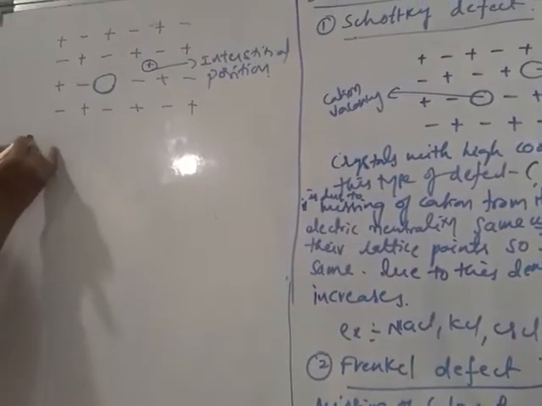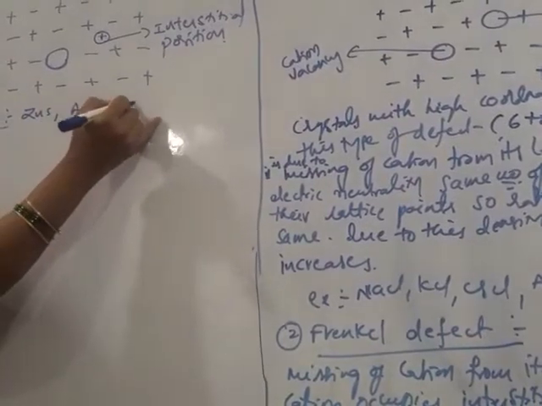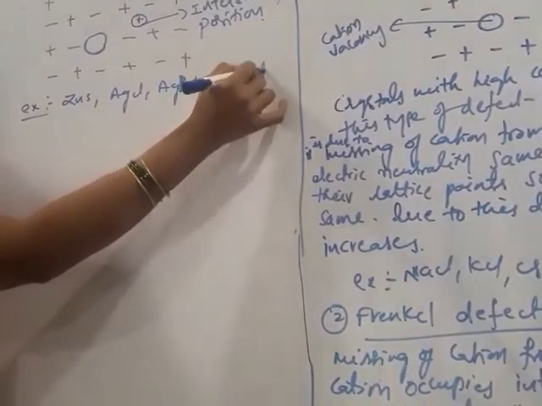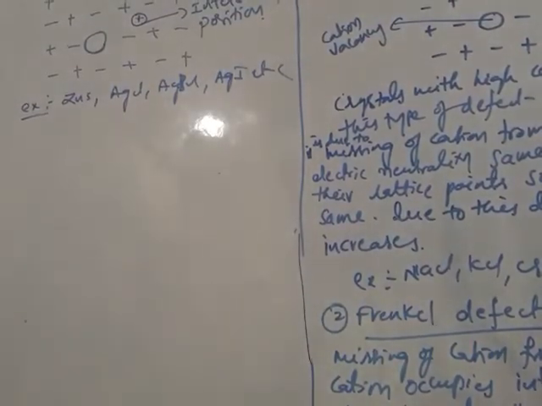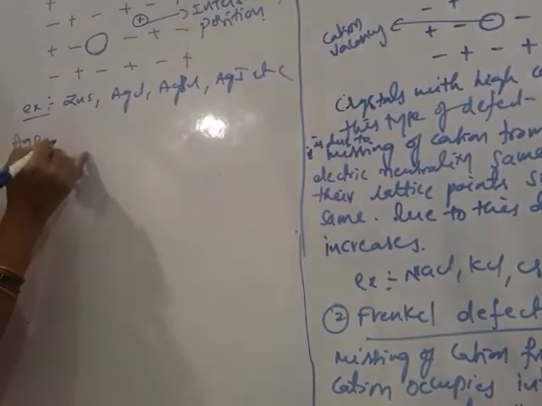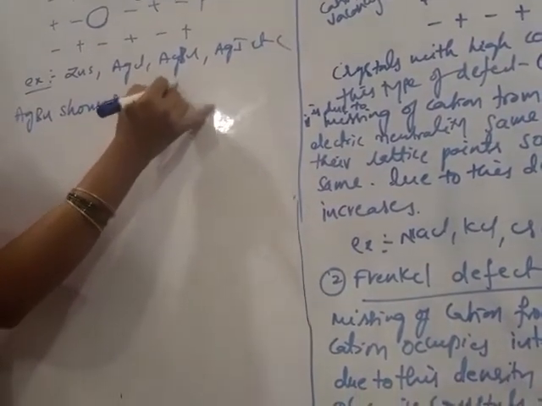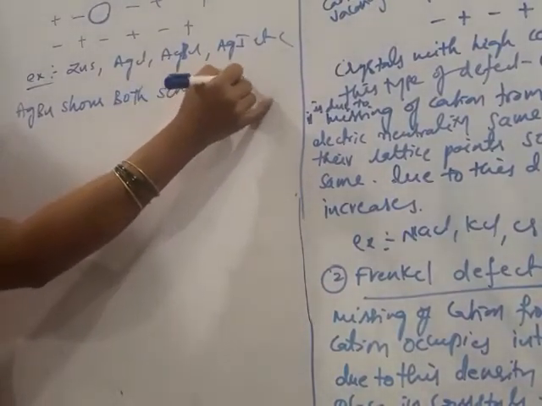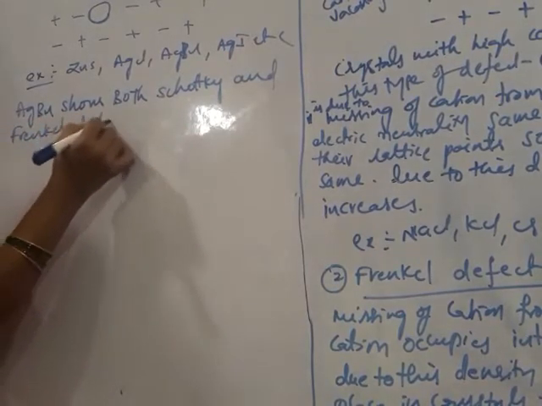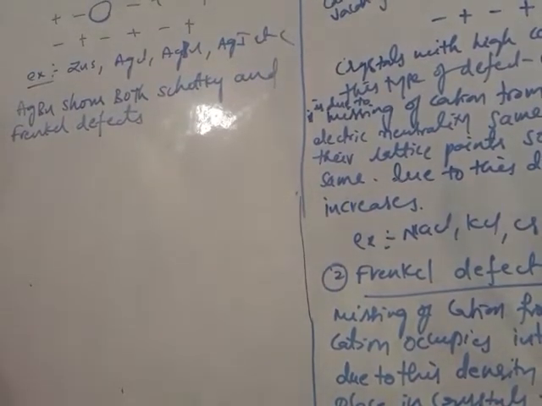For example, it takes place in zinc sulfide, silver chloride, silver bromide, silver iodide, etc. Silver halides. One thing here is silver bromide, AgBr, shows both Schottky and Frenkel defects.